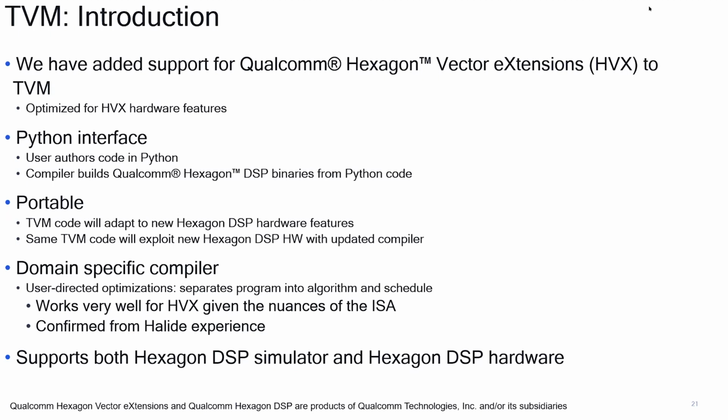The same TVM code will exploit the new Hexagon DSP hardware with an updated compiler. When the new Hexagon DSP version comes in, or the same TVM code is ported to different hardware, just the compiler team which is generating the code for that underlying architecture should optimize it for the underlying architecture with TVM.